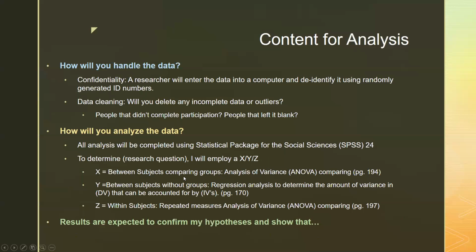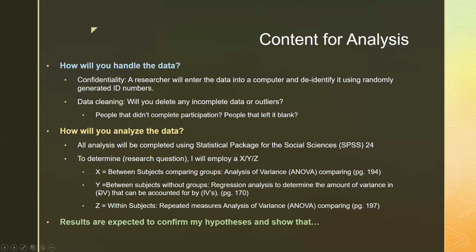And so I chose the design that I had, and then I filled in the blanks with the specifics from my study. The second one is if you have a between subjects design without groups. And so maybe you're not necessarily comparing two groups, but you're looking to see if certain variables help predict outcomes across people, right? And in that case, you would use a regression analysis to determine the amount of variance in whatever your dependent variable is. Let's use the postpartum depression example again.